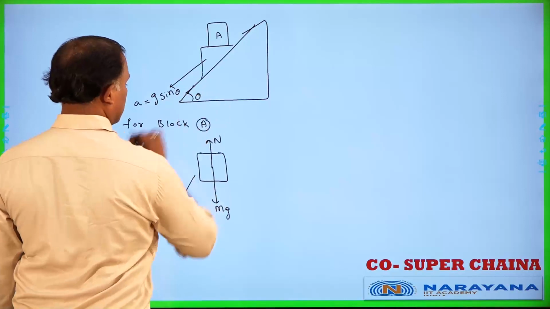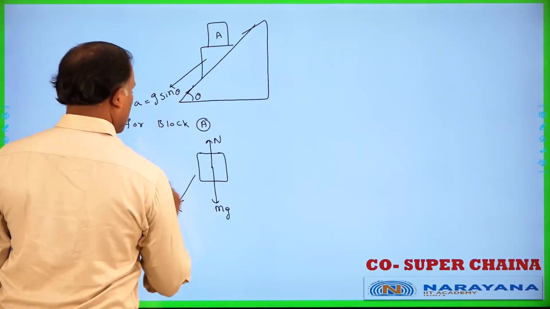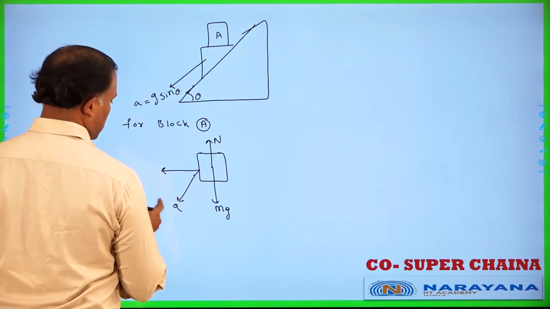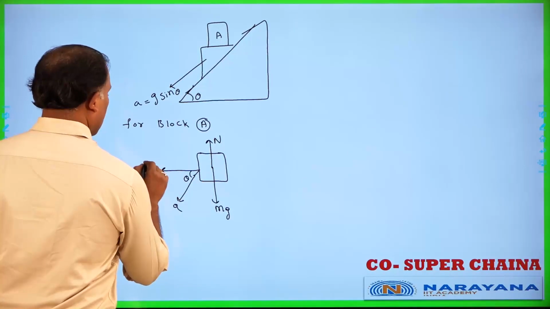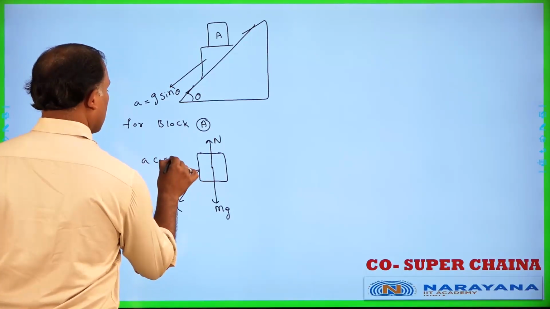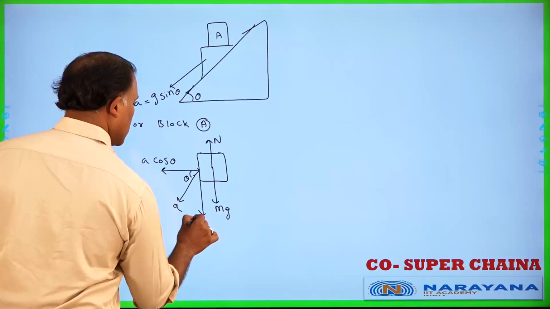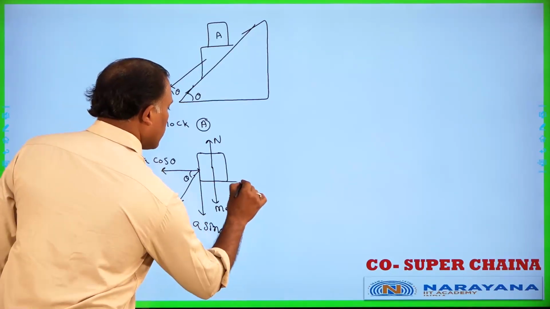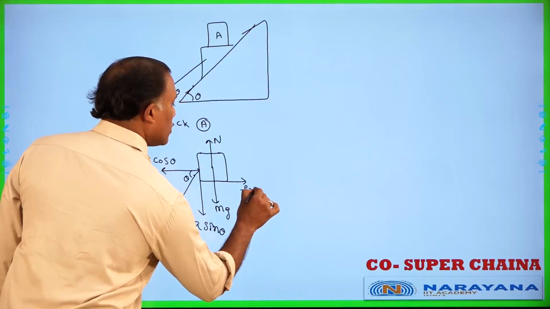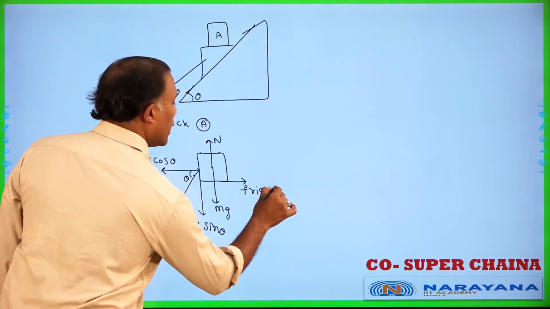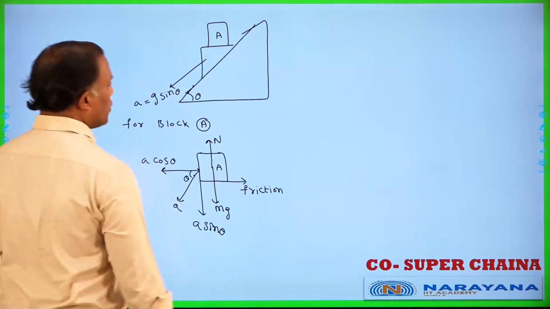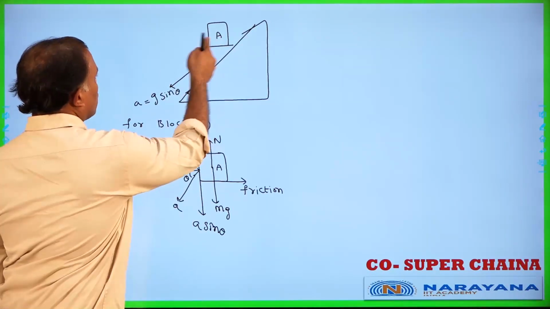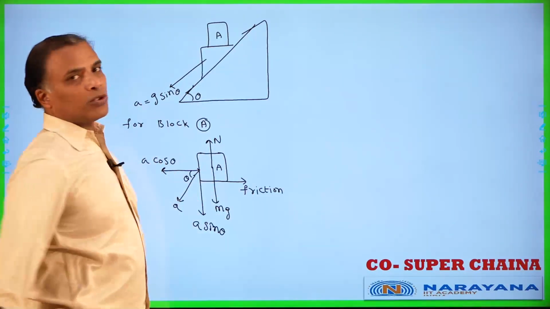So this side also theta, with components a cos theta and a sin theta. And here the friction, because friction is there between A and B. As block A tries to move this side with a cos theta, friction should oppose that.